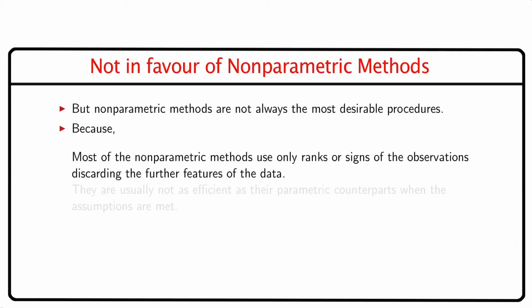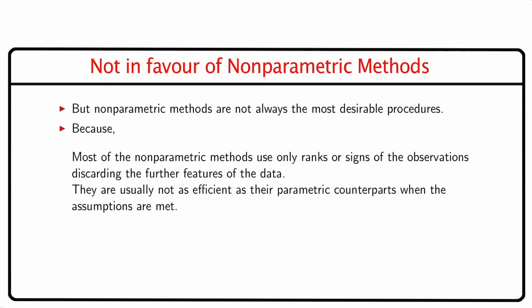Only the sign of the observations is considered, the magnitude is ignored, so there is a loss of information. And secondly, they are usually not as efficient as their parametric counterparts when the assumptions are met. If it is known that the underlying distribution is normal and we use a t-test, then the t-test is the most efficient, even if there are some non-parametric methods for this problem.